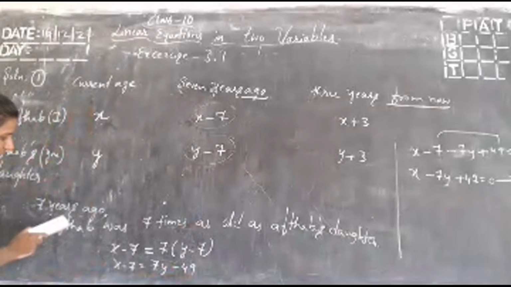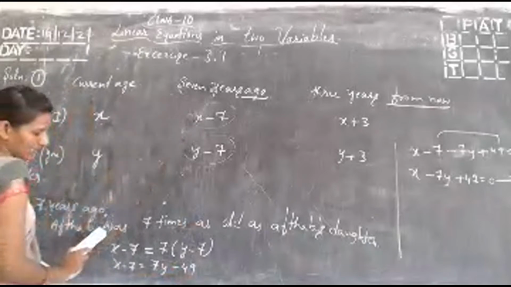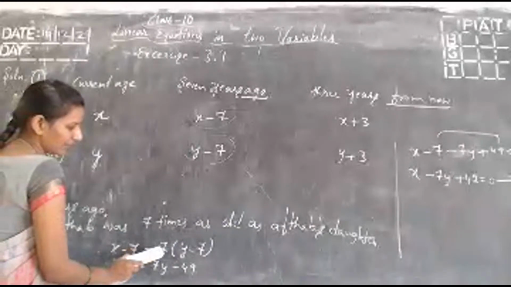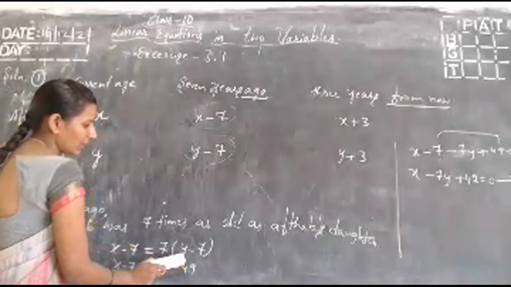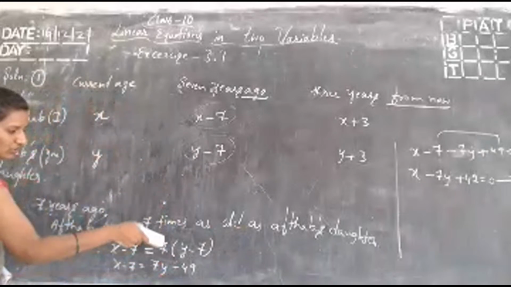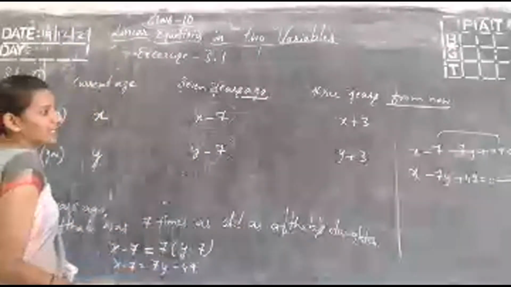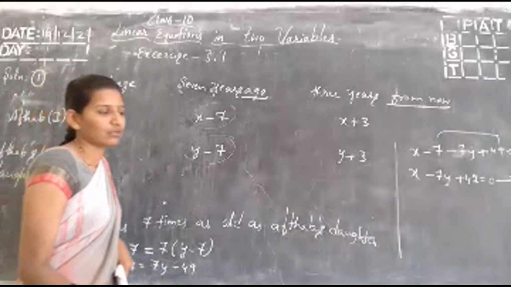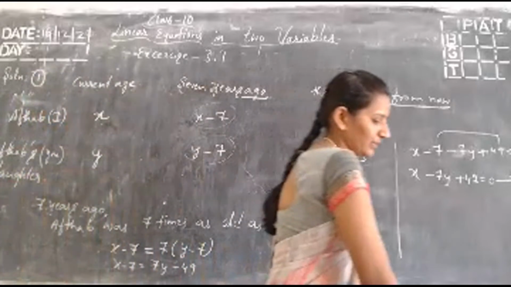What is Aftab's age 7 years ago? x minus 7 equals 7 into y minus 7, which is Aftab's daughter's age 7 years ago. So solve this equation and you will get x minus 7y plus 42 equals 0.